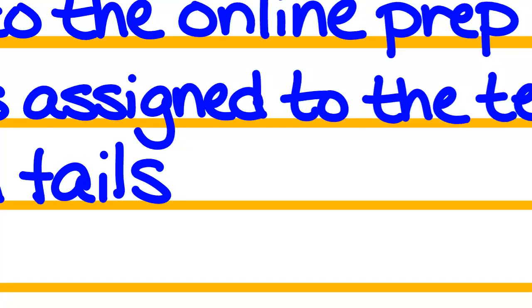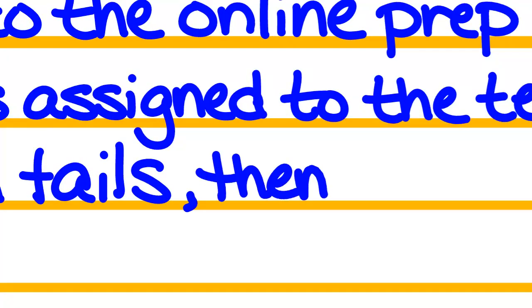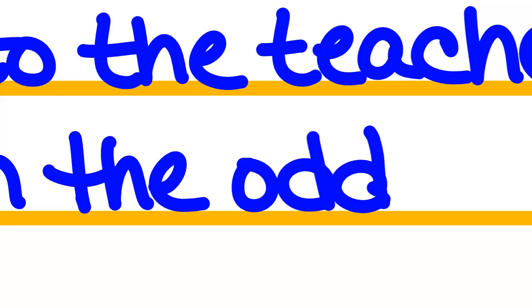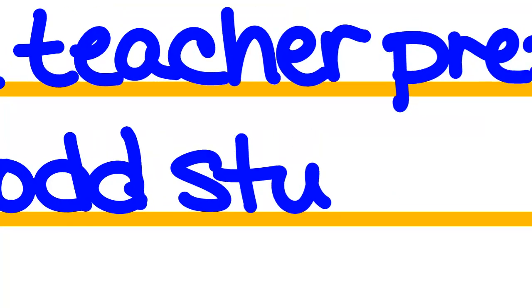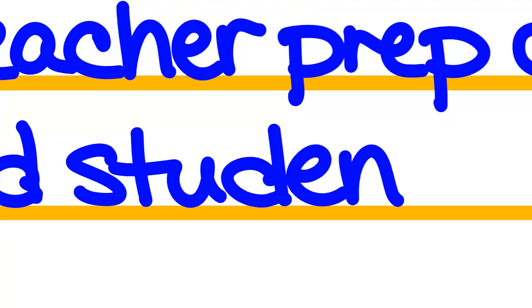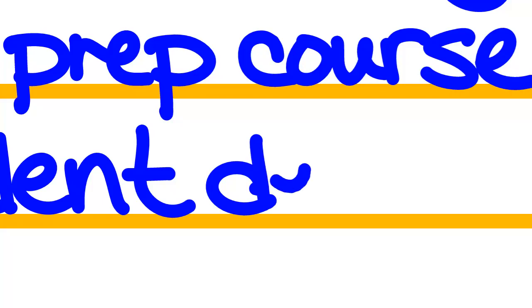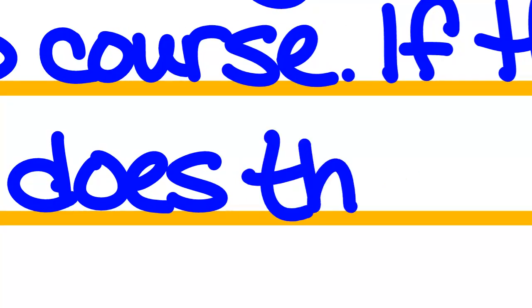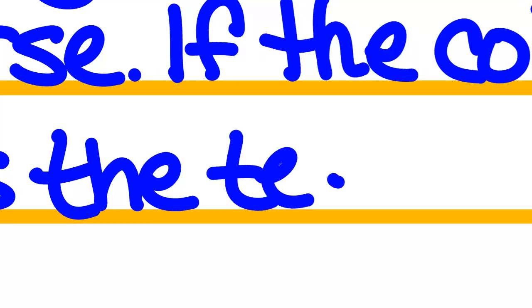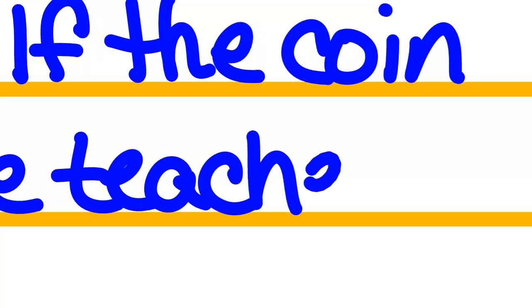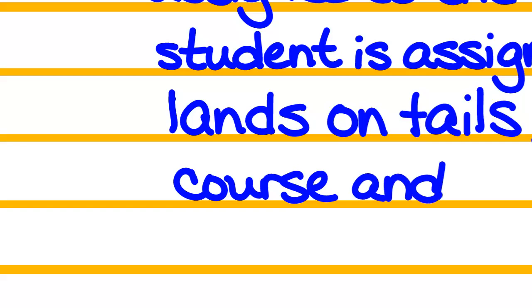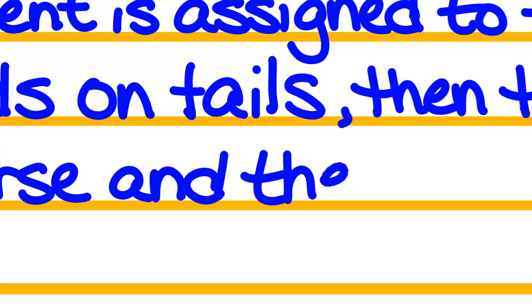If the coin lands on tails, then the odd student does the teacher course. And the even student does the online course.